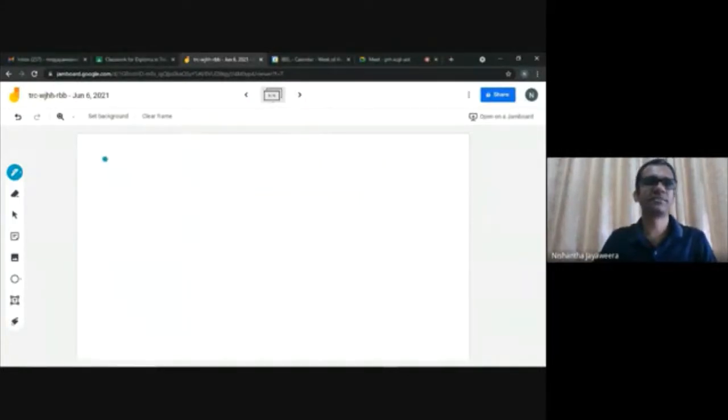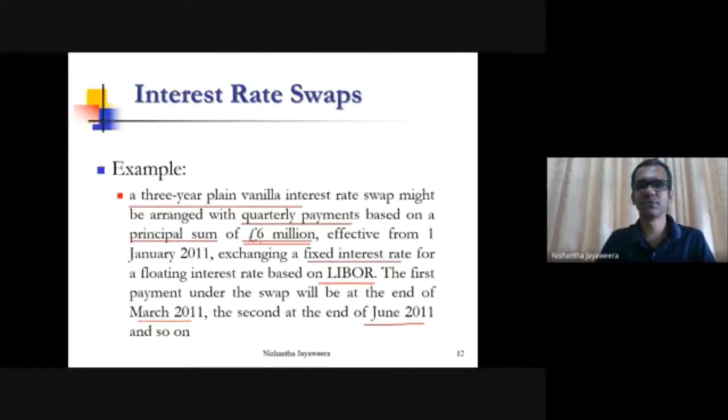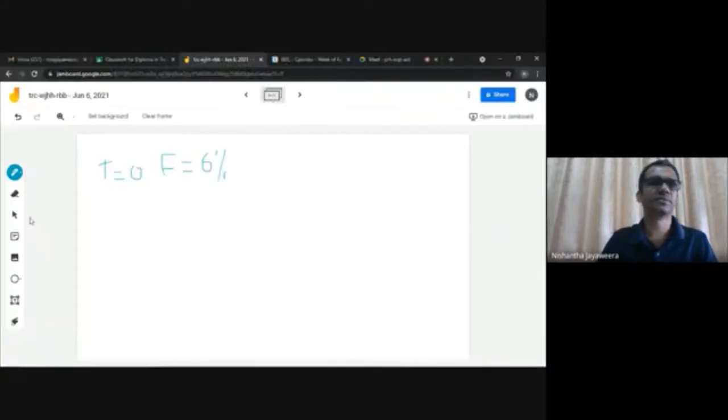Okay, at time t equals 0, assume fixed rate is, it's given, no? Fixed rate is 6%. No, 6 million, fixed rate is not given. Sorry. Say it's 3%.